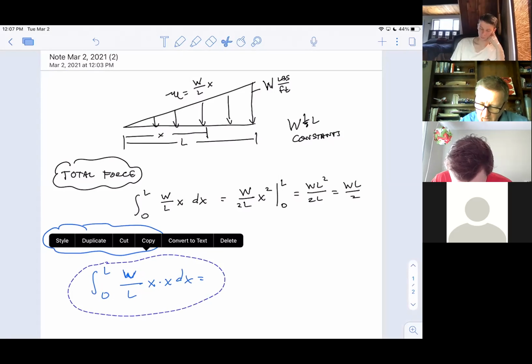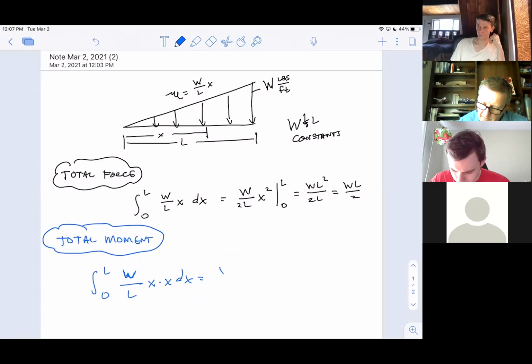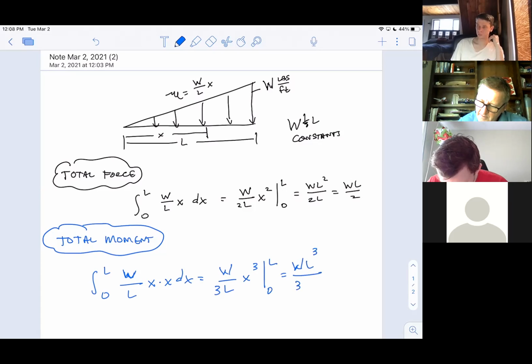It's kind of cool to see calculus in action. So then there's still a W over L. The X squared grows to X cubed. And then I divide by 3. And I evaluate that from L to 0. So don't I end up with WL cubed over 3L? And the L's cancel, and I end up with WL squared over 3.